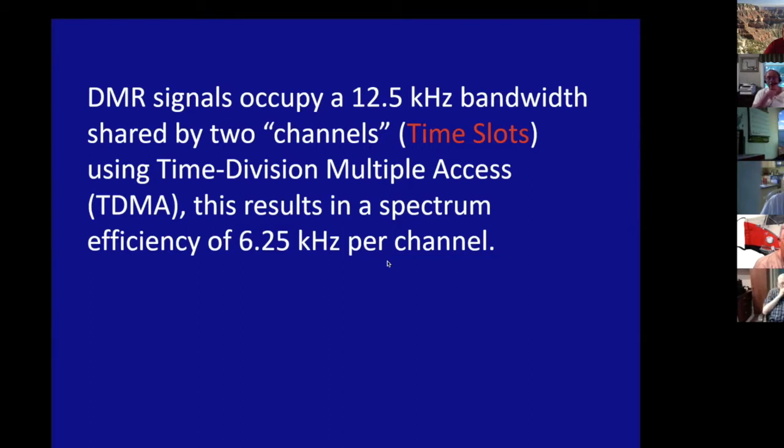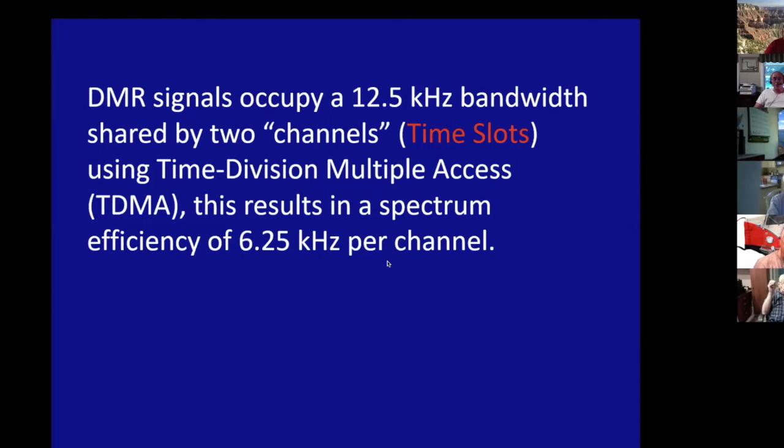But in true DMR radio, a DMR signal occupies the 12.5 kilohertz bandwidth, but that's divided into two, if you will, channels. The channels are divided into time slots.